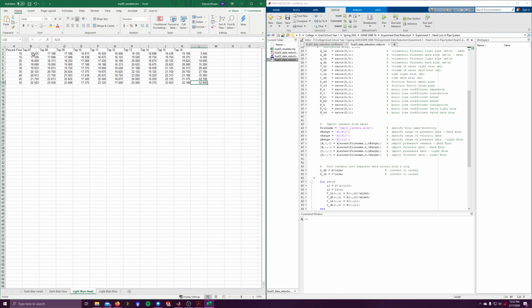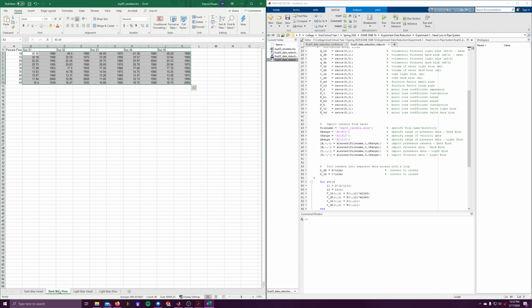For this one, it's from B2 to L10. And now I'm going to specify A, B, C, and D as variables. So A is going to be the H range that we just imported here. A is going to be all of this right here. And then B is going to be all of this.